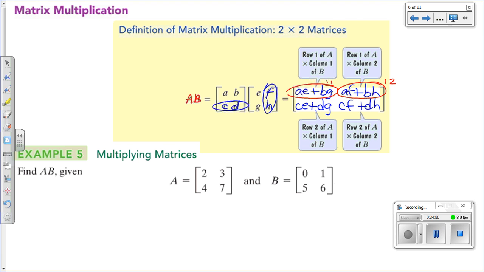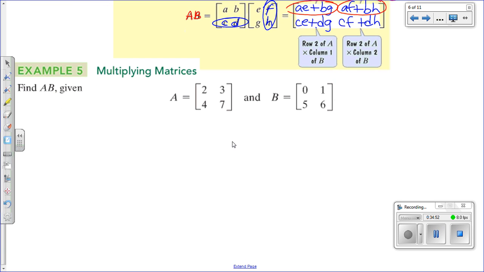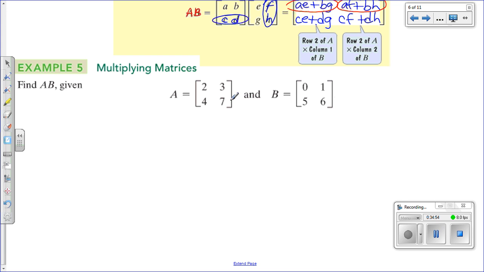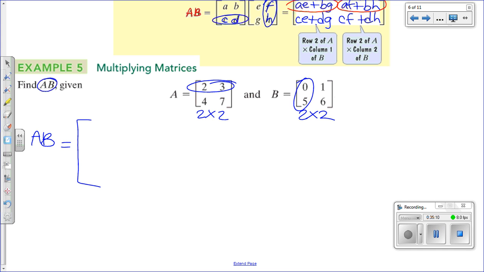Now let's solve example 5. So we're going to multiply A times B. Just to make sure, this is a 2 by 2, this is a 2 by 2, so of course we can multiply them. So first of all, I'm going to multiply the first row times the first column, and that will be 2 times 0 plus 3 times 5.